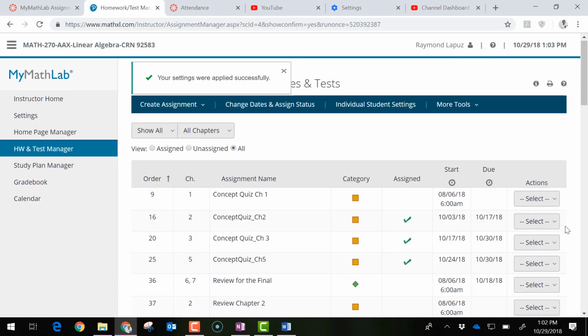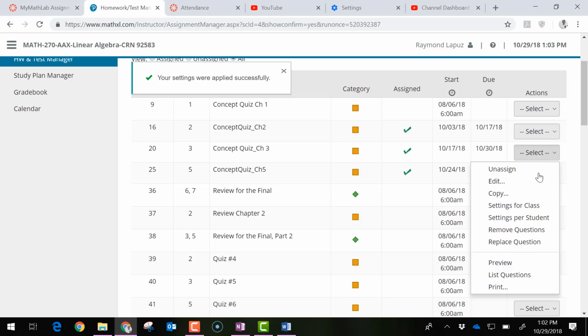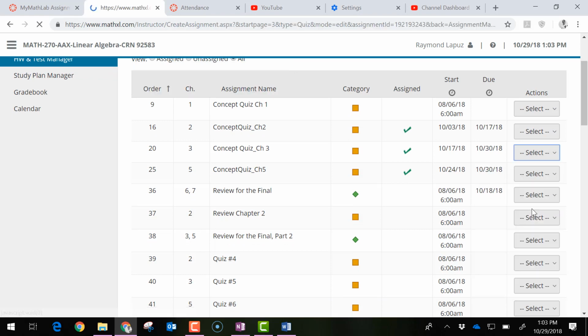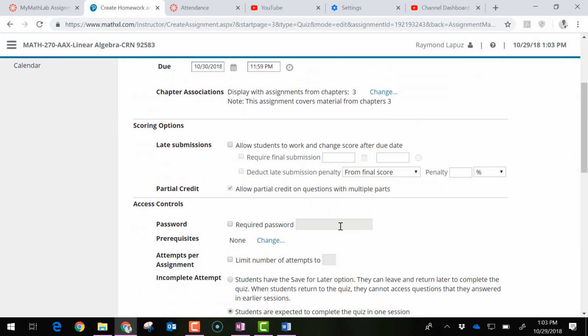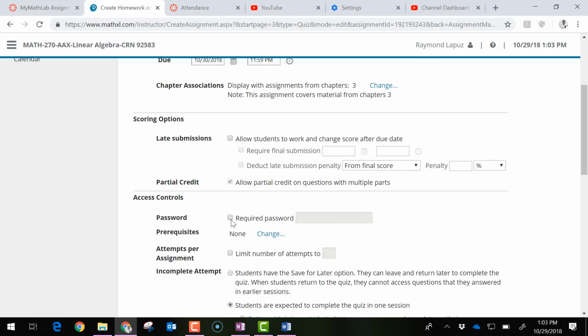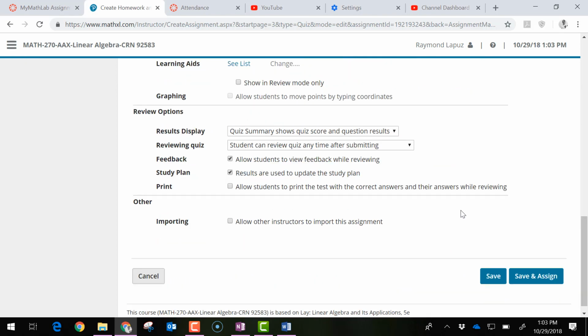Oh, number of attempts. Oh no, it's not infinite. It's 3. So somebody said that they tried it one time and then they couldn't do it anymore. So there should be 3 attempts.